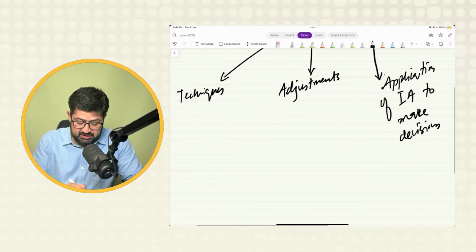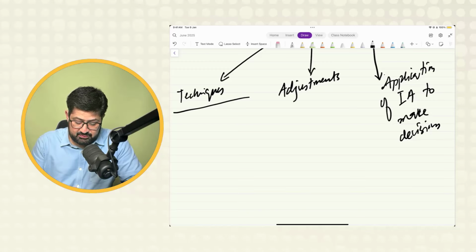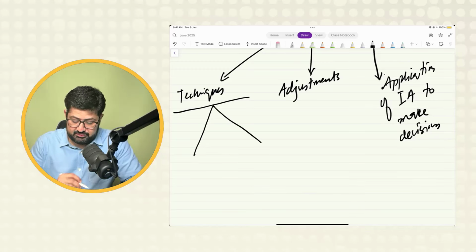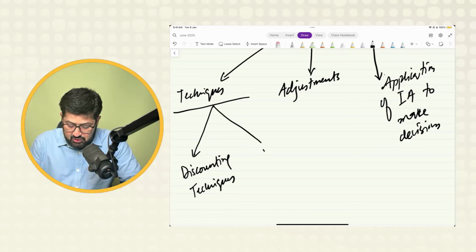Investment appraisal techniques include 2 types of techniques. The one is called discounting techniques, and the other are called non-discounting techniques.